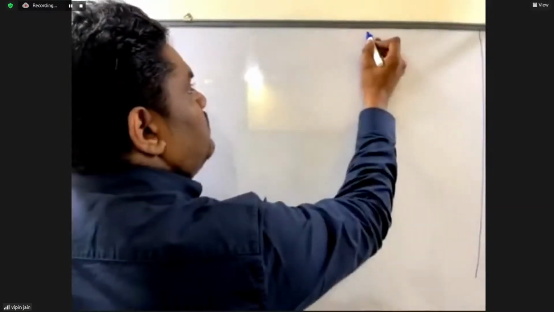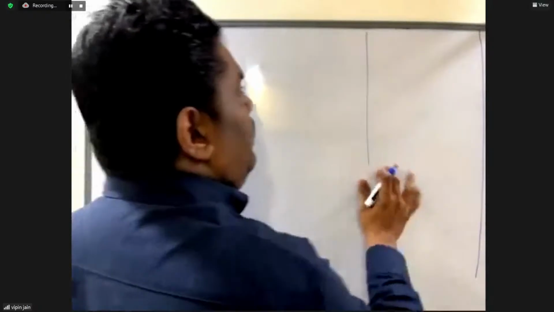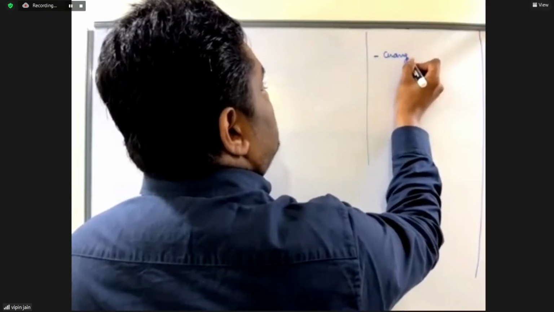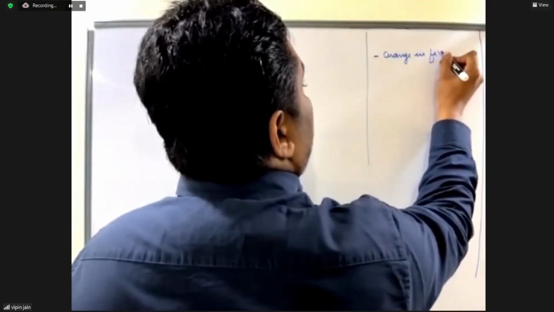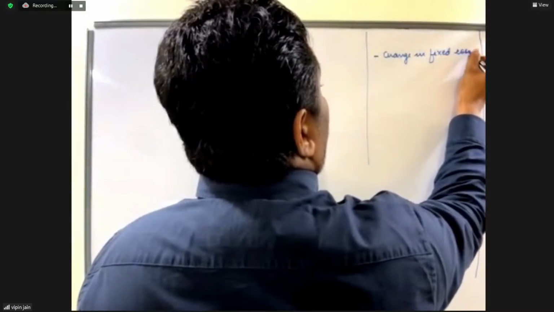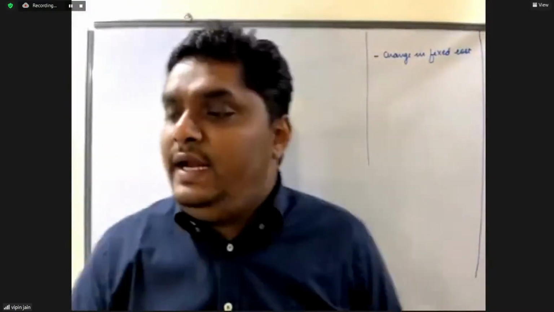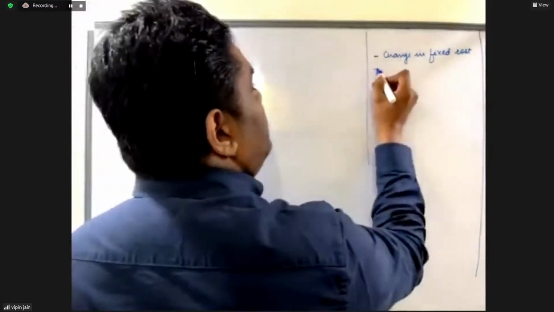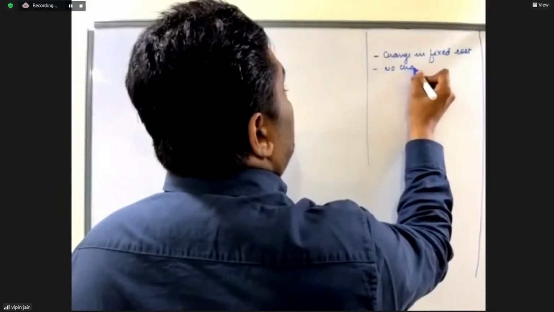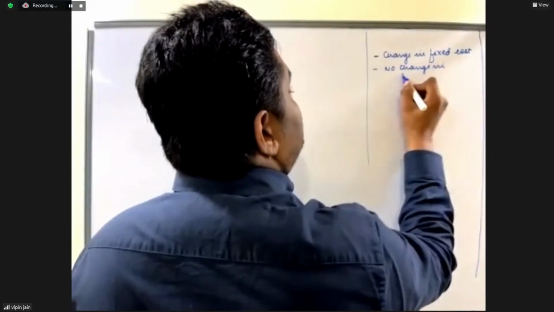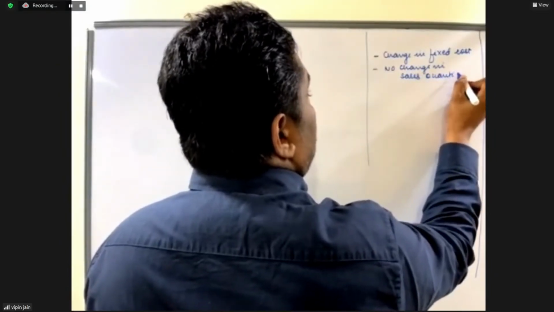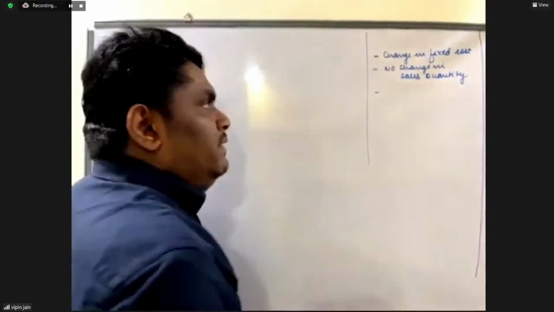So herein, very important, the first point that is given in the question is that there is a change in fixed cost. In second year, there is a change in fixed cost. Further, very important point, there is no change in sales quantity.